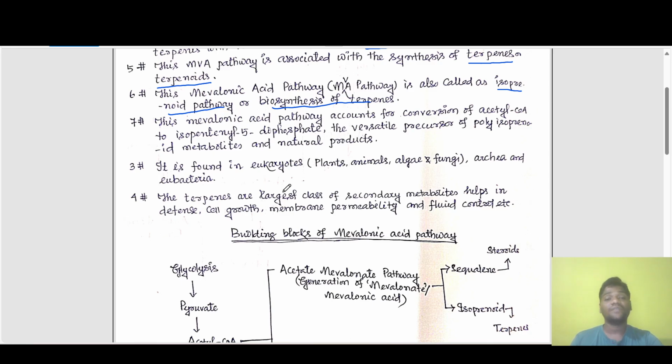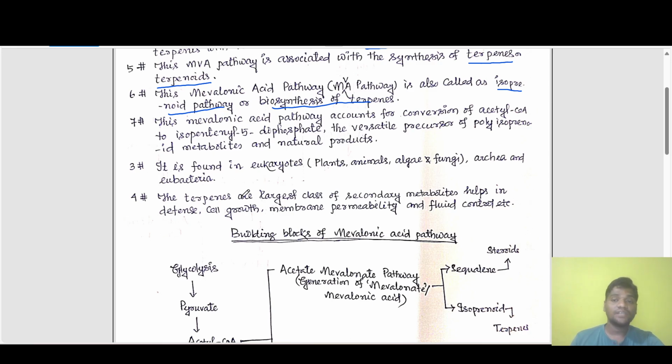A significant point you can see here is that it is found in most living forms. Terpenes or terpenoids are secondary metabolites, the most diversified type of secondary metabolite, found in all categories of living forms.